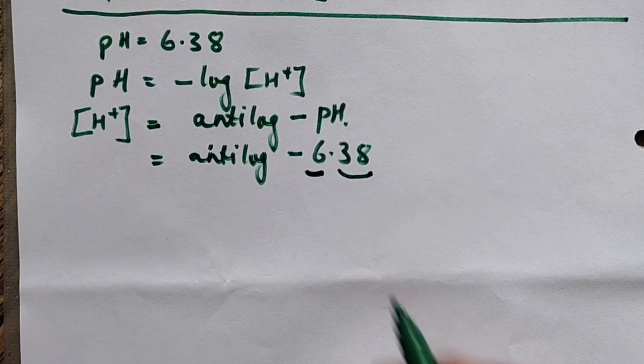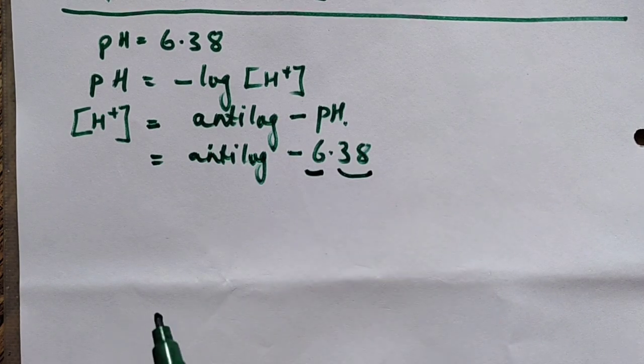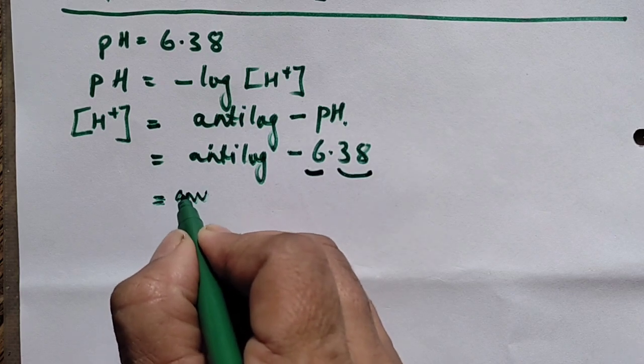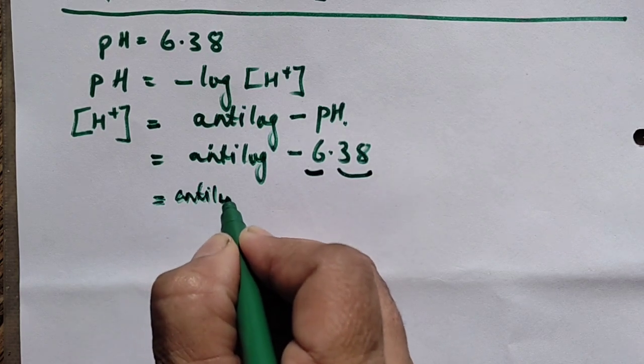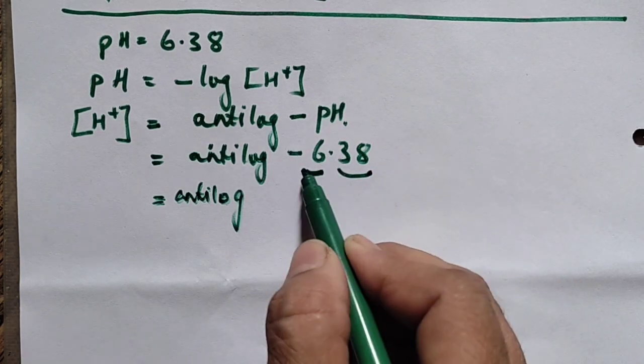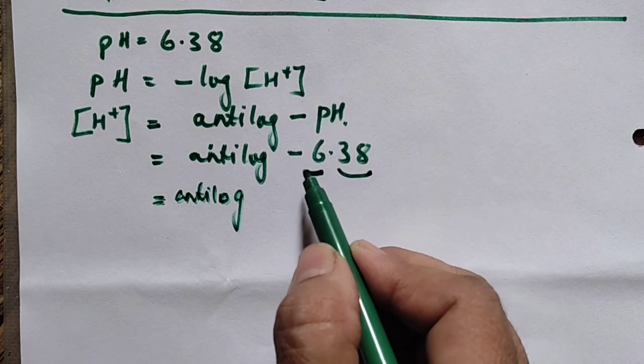But in case it is negative, then the steps are a little different. So what you will do in this case is, before the decimal, whatever number is there, you increase by 1.